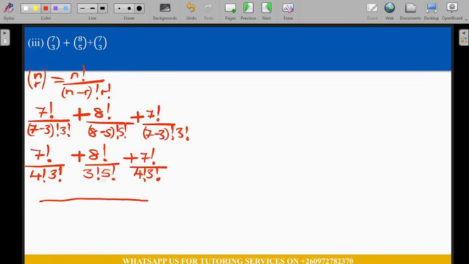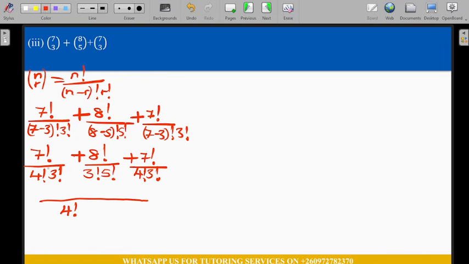So what you are looking for is, you look at the bigger number, which is 8 factorial. So meaning that when we get our common denominators, we should get a 9 when you add those two common denominators. So here, if you try to get it the way it is without changing anything, let's see. For the first numbers, we have 4, 3, and 4. So this means the common denominator will be a 4.